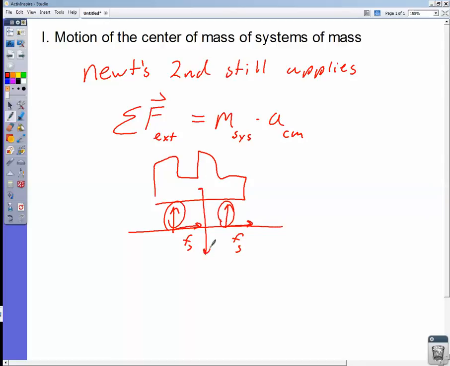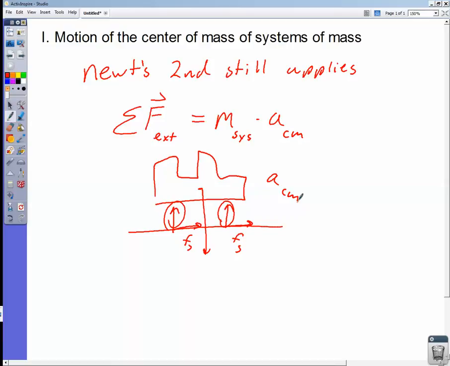So all of these different forces are acting on different parts, different little discrete mass units on the car. But when we talk about the acceleration of the car, we're really just talking about the acceleration of the center of mass. And when we talk about all of these external forces acting on the car, we're ignoring internal forces.